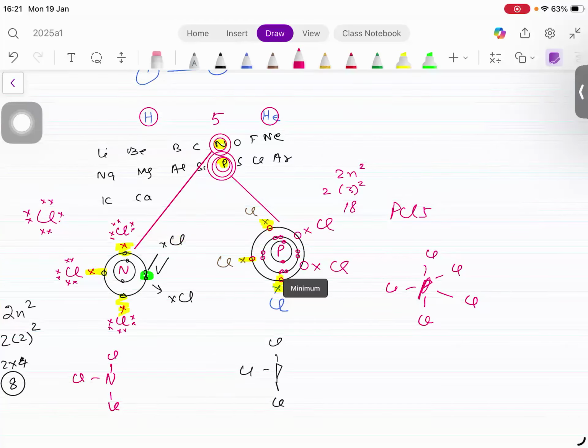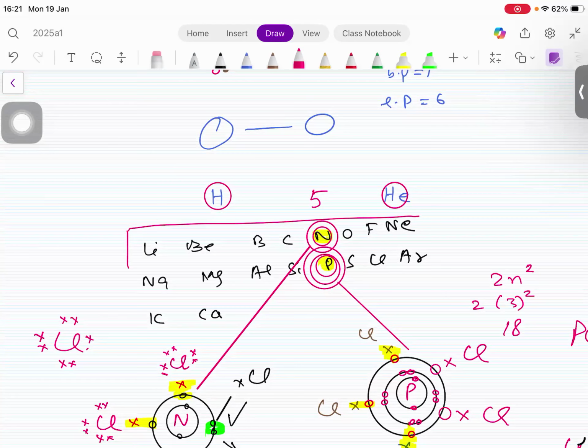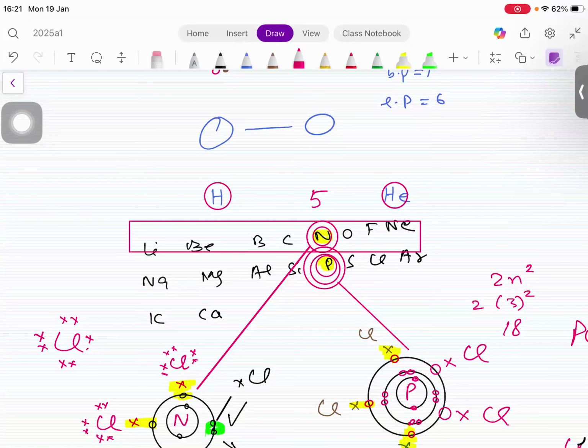So what I'm trying to say here, and why I drew the periodic table, is that all the period 2 elements, this is period 2, all the period 2 elements have their outer shell as which shell? Second shell. So it means that even if they want to, they cannot place more than 8 electrons in their outer shell. They cannot expand their octets, right?